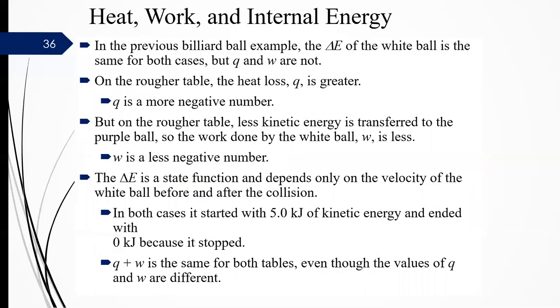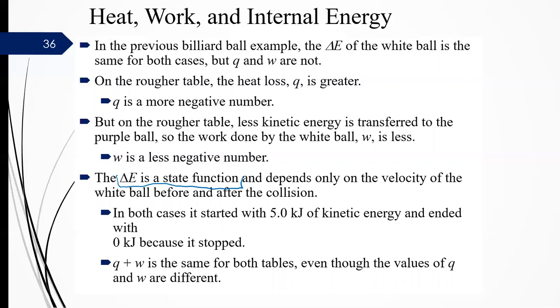So in both of those examples, we can see that our energy is being accounted for. We're either losing it through that work or through that heat. So that delta E change is a state function. It really doesn't depend on whether we lost it through heat or work. Each time that delta E ended up being the same. It didn't depend on the pathway. It just depended on the fact that it had 5 joules to begin with and no joules at the end.